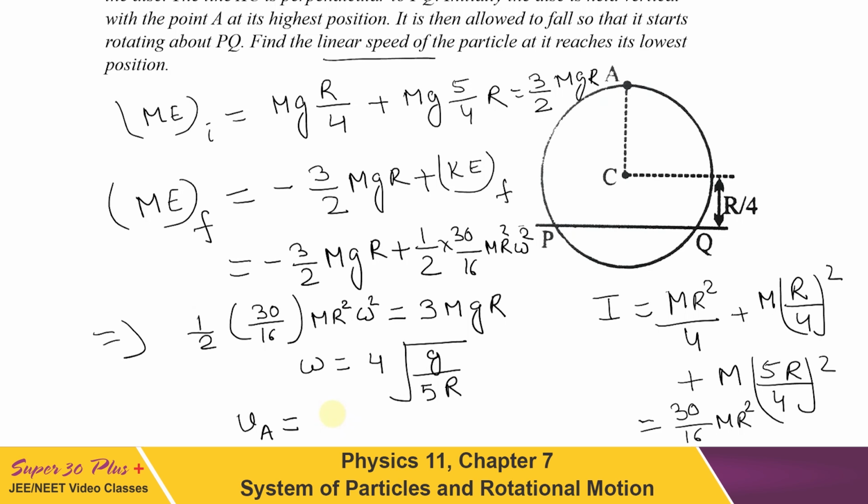Here the rotation axis is PQ. So the distance of A from PQ has to be equal to 5r by 4. So this is 5r by 4 times omega. Putting in the values, it will be root under 5 g r. This is the linear velocity of particle A when it has reached its lowest position.